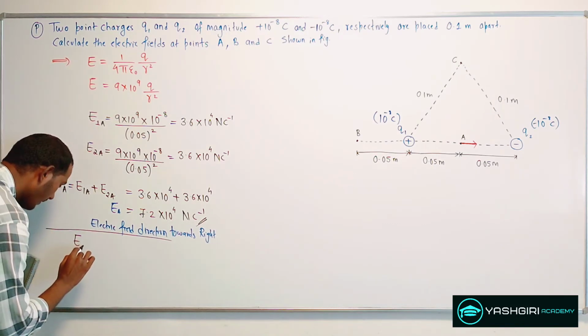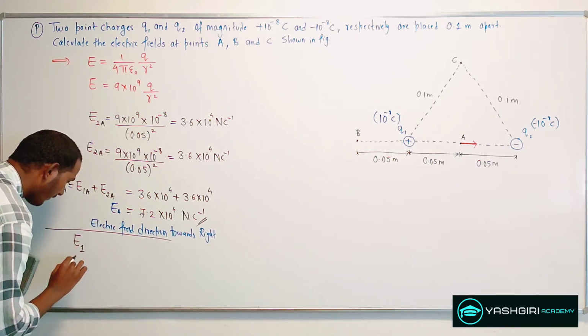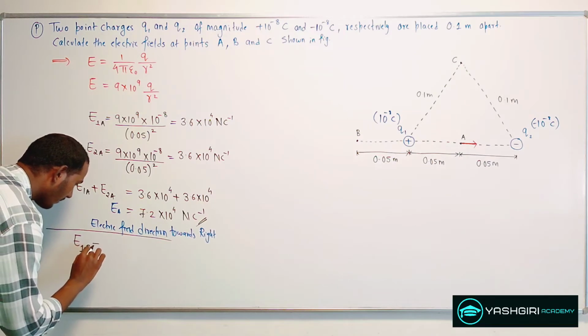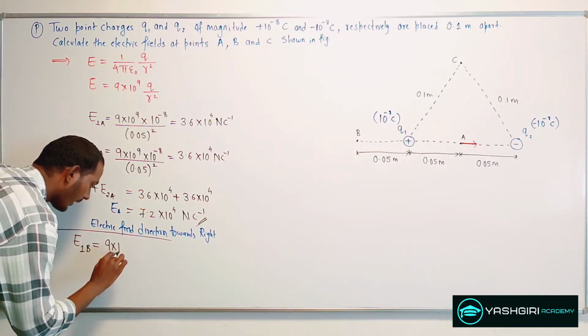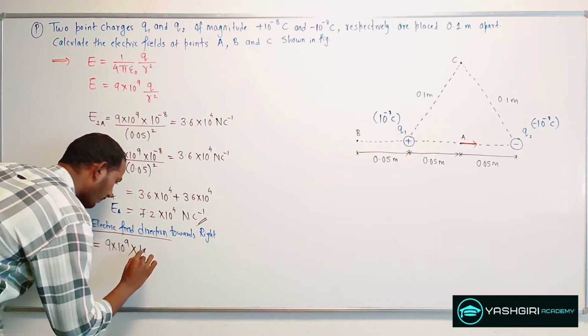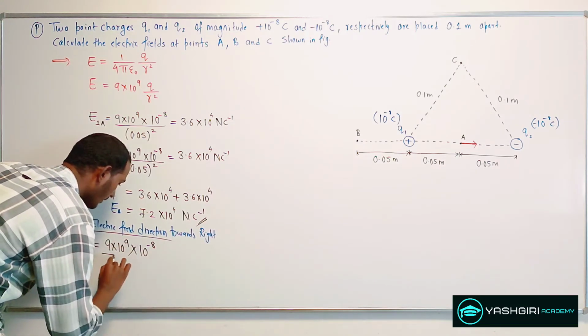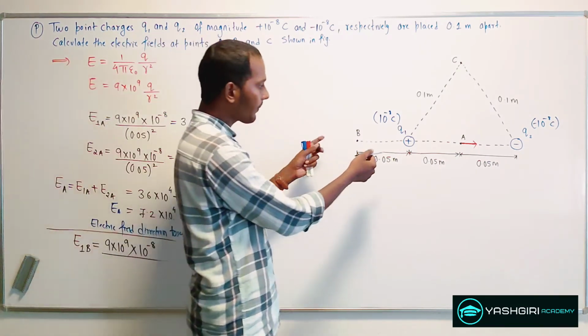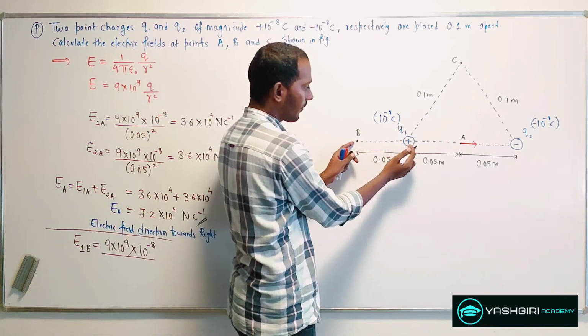So I can say the electric field produced by the first charge at B is nothing but 9 into 10 to the power 9 into, once again, 10 to the power minus 8 Coulomb divided by, I am measuring the electric field at point B from this charge.